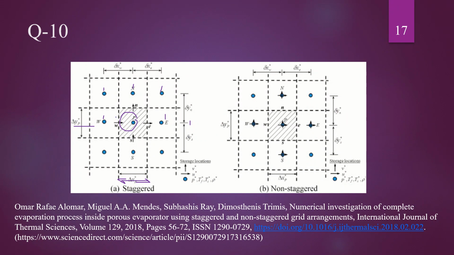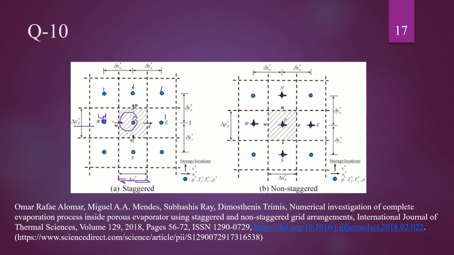But in previous cases, we were using U and V at the same points. So if U and V are evaluated at this location, then dou P by dou X would also be evaluated at this location, and it becomes 0 as we have seen in the last case.